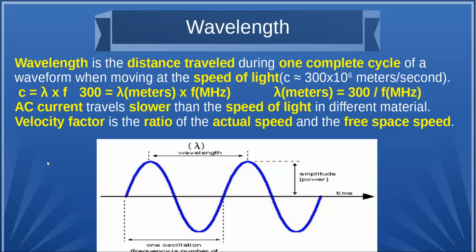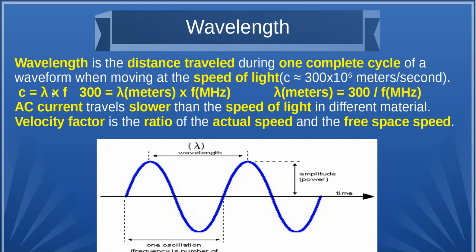Okay, so the next thing we look at is wavelength. If we've got a waveform traveling through space, what we call free space, it can travel at the speed of light. So we define the wavelength as how far it travels, in some unit of distance, usually meters, in one complete cycle. We represent that with the symbol lambda for wavelength.